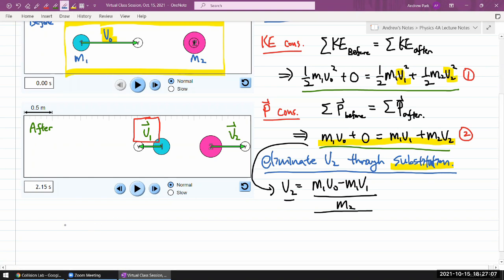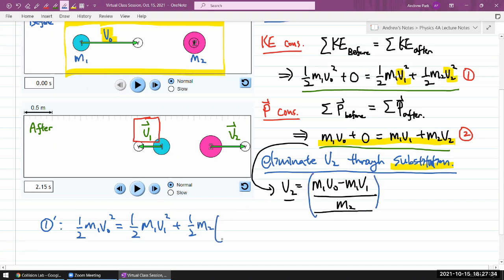So I can write down my equation 1 prime, which will be the same equation I had before. 1/2 M1 V0 squared is equal to 1/2 M1 V1 squared. And now here, plus 1/2 M2, instead of V2 squared, I'm going to plug in this quantity.